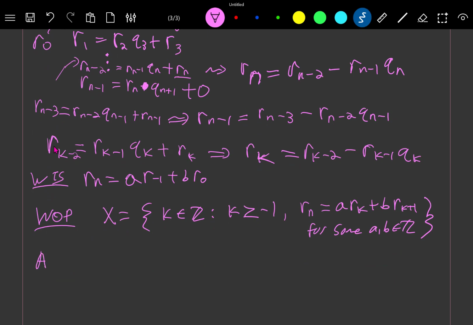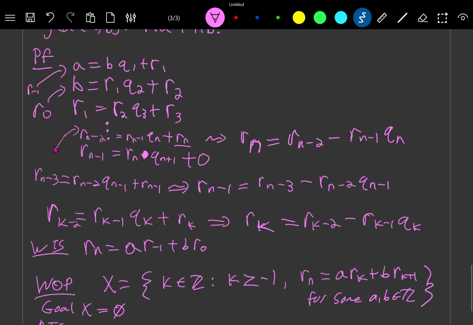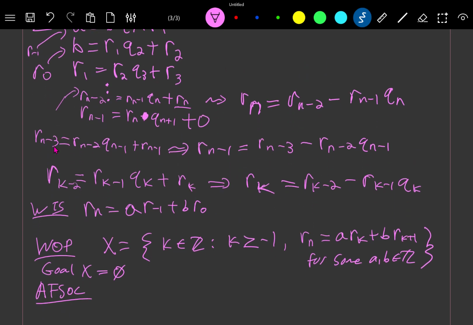So let us assume for sake of contradiction that X is not the empty set. Our goal is to show X is the empty set, so there is no element k greater than or equal to negative 1 such that this statement fails. Oh, and maybe I shouldn't have used a and b here.